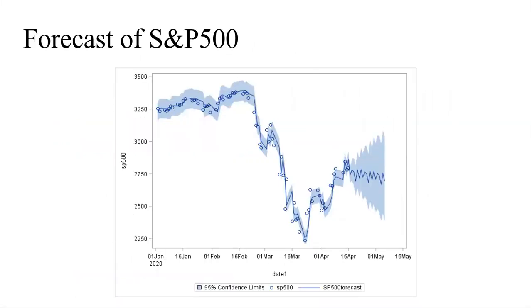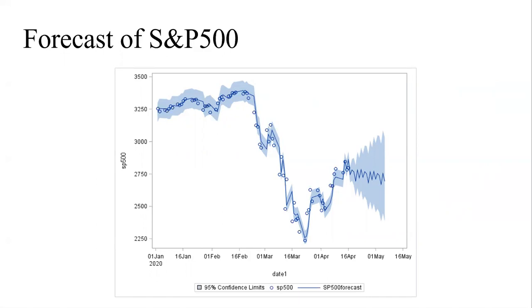This slide gives the forecast of the S&P 500 index. The graph shows the within-sample forecast and the out-of-sample forecast of the ARIMA 112 by 1127 model. The dotted points are the actual values of the S&P 500 index. The straight blue line is the forecast of the S&P 500, and the blue shade is the 95% confidence interval.